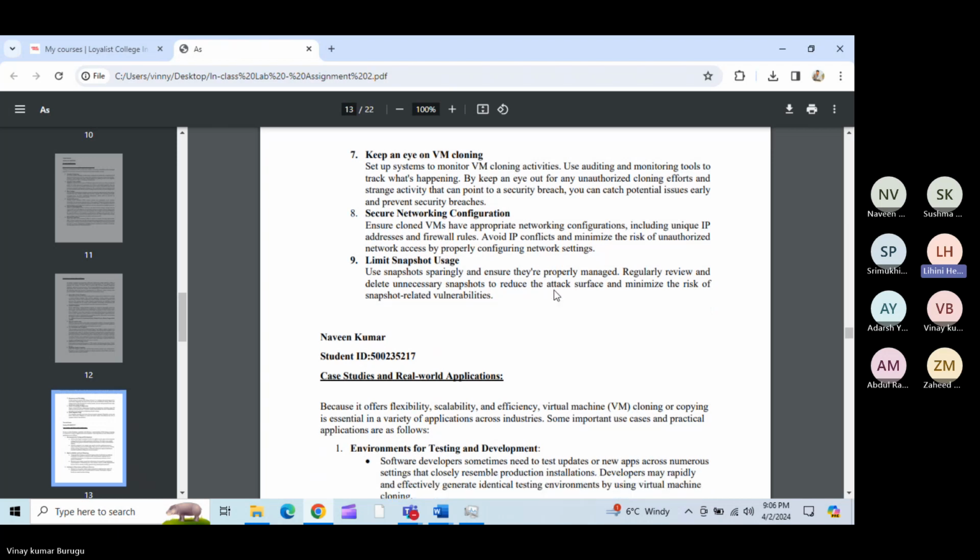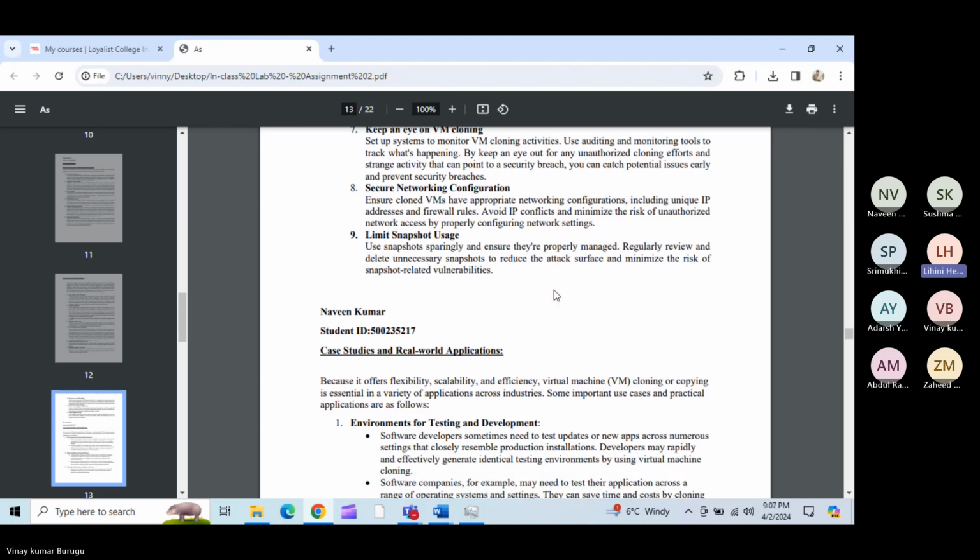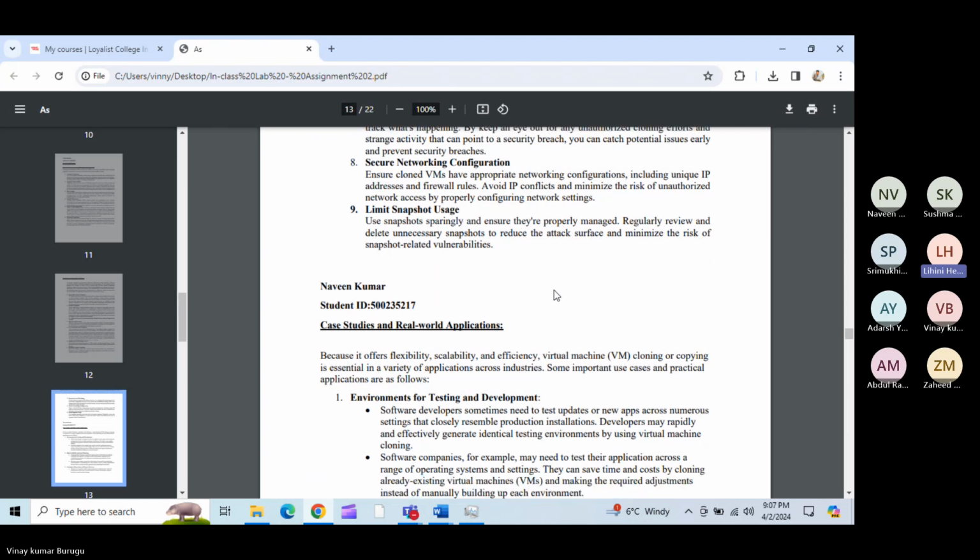And the eighth one is secure network configuration. We should ensure that cloned VMs have appropriate network configurations, including unique IP addresses and firewall rules, to avoid IP conflicts and minimize this risk.